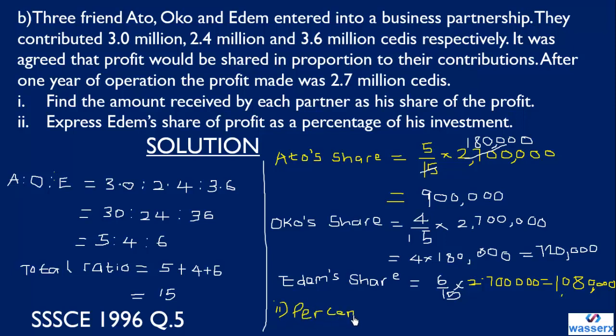So we are doing the percentage of Edem's investment, which will be equal to 1.8 million divided by 3.6 million, because that is his contribution, times 100, and this gives us 30%.